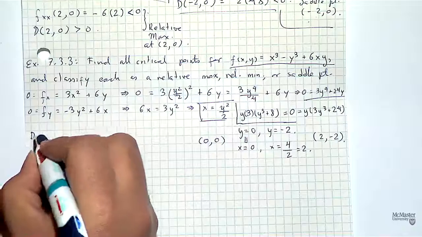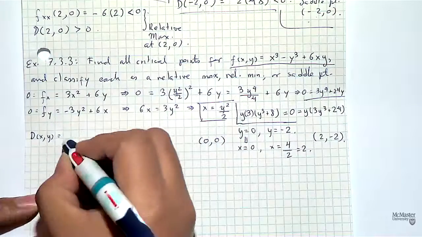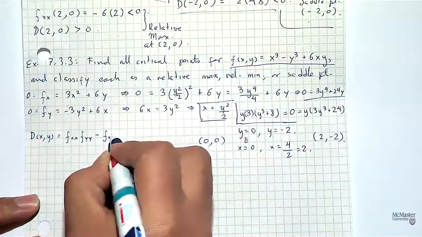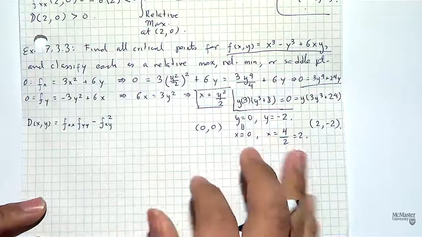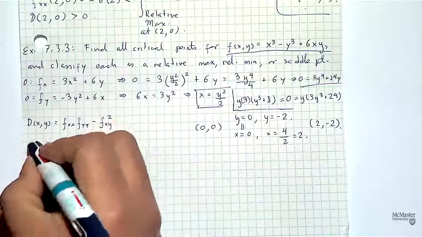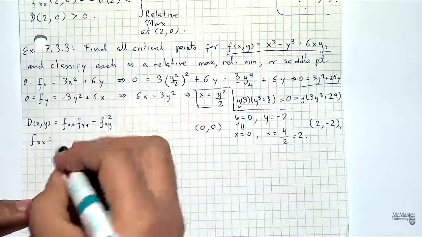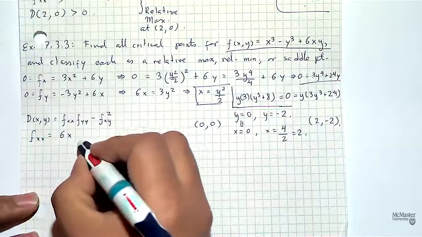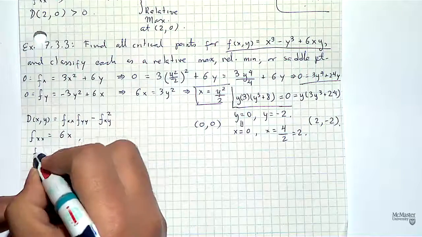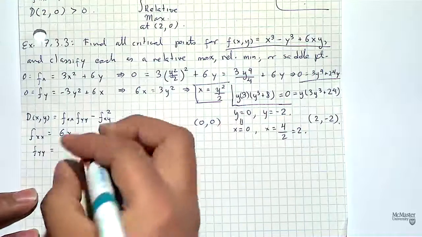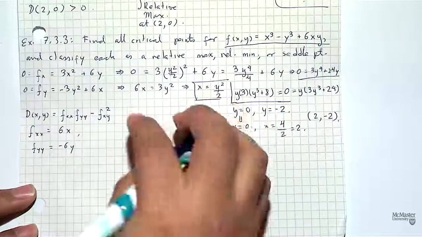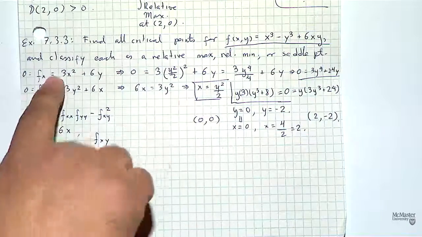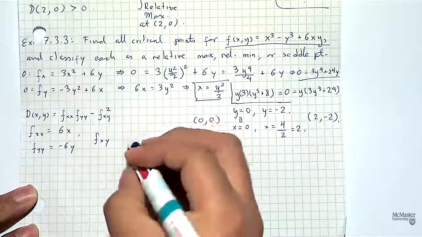So, maybe I'll write this first, so this is important. D of xy is again fxx times fyy minus fxy squared. Let's do the computation. So now we see that we actually need that. Fxx, so this is 6x. This term vanishes. Fyy is equal to minus 6y. You actually have some fxy, which means that first you take the partial with respect to x, then the partial with respect to y.